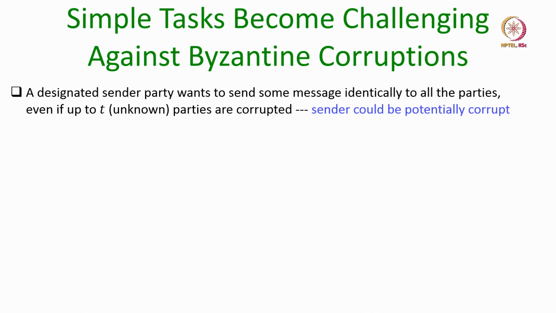To give you a feel of the challenges involved while designing protocols against Byzantine corruptions, let us take a very simple task, namely that of broadcast. Let us see how this simple task becomes so challenging as soon as I assume that during the protocol execution I might have Byzantine corruptions. So, what is the broadcast problem?